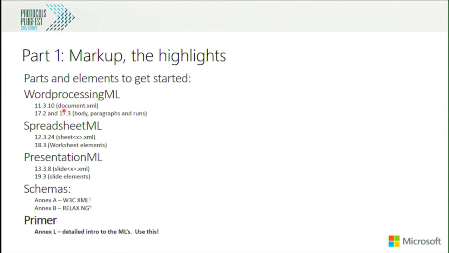This is the starting point here. Also, section 17 contains body, paragraphs, and runs and things like that. So I just listed here the quick start guide for part 1 of the standard.